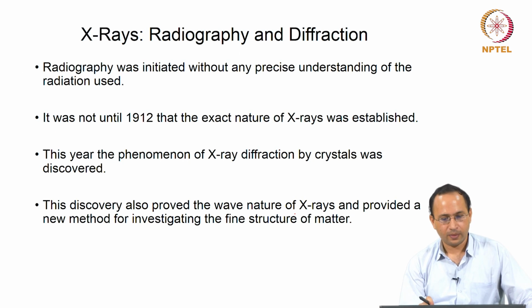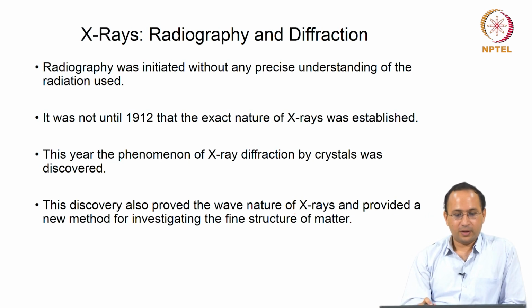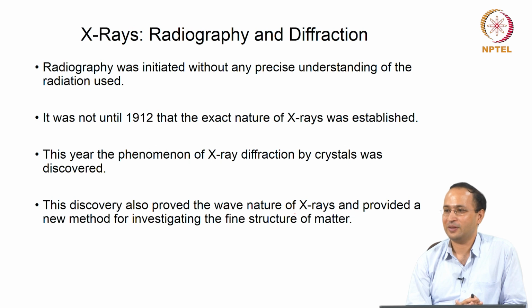Initially, diffraction came quite late. People knew that these X-rays have very high energy, they can probe thick pieces of metal, wood. So radiography was initiated without any precise understanding of the radiation used. You place something before the X-rays and you get a radiograph.